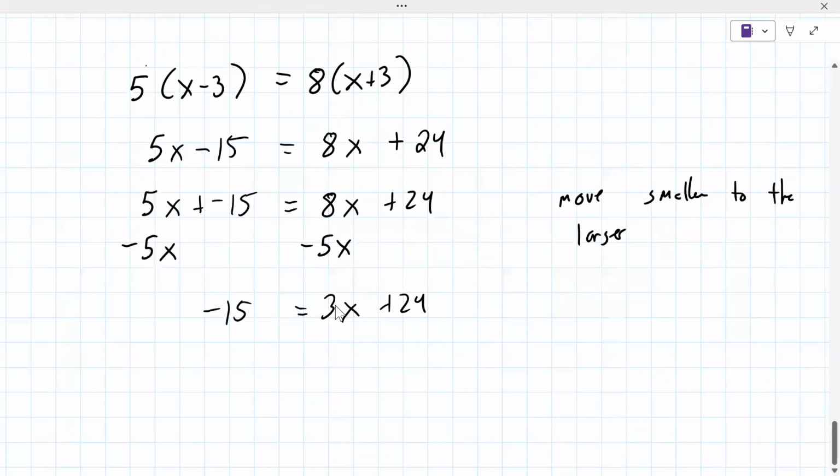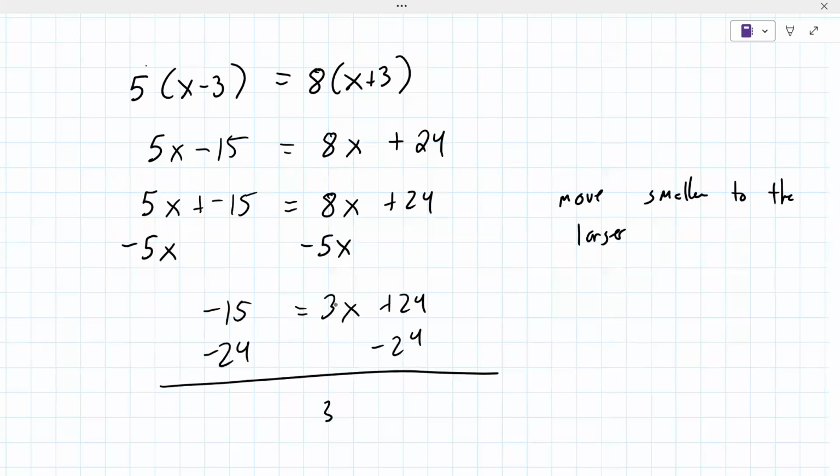Okay. Divide by 3 on both sides. But you're subtracting 24 first, from both sides. Okay. I thought we only subtracted 24. Okay, so let's subtract from both sides.